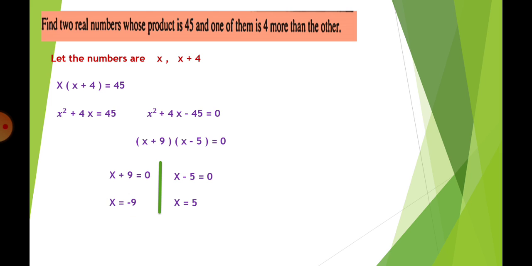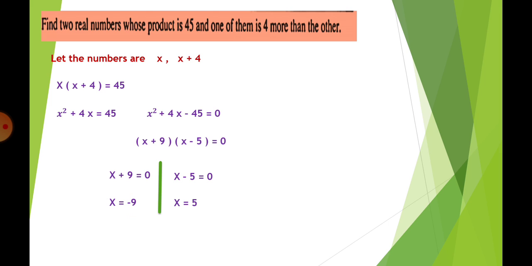In this exercise, the two numbers have product 45. What about if we were told a rectangle has area 45 and its length is more than its width by 4? The same answer.